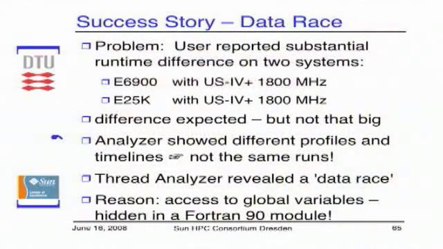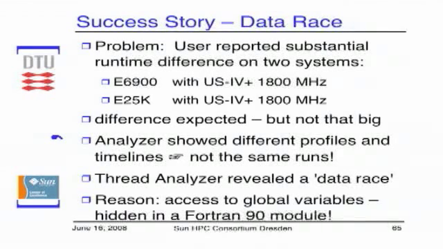Another example where we had a data race in a program, or not a data race in a program, but when this user approached me, he said, we have the same code that runs on 2 times the same CPU, but on 2 different machines, the E6900 and the E25K. The same CPU, UltraSPARC 4 Plus, 1.8 gigahertz.